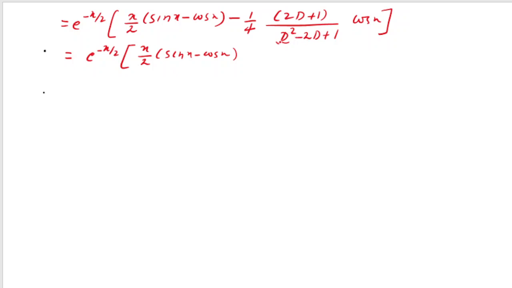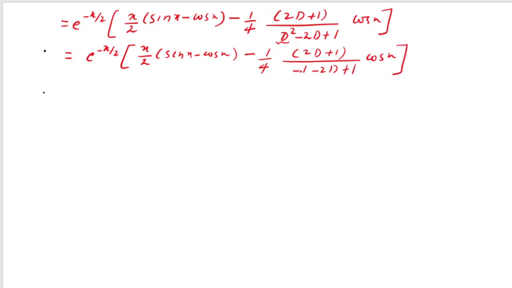So this will be minus 1 and this will be plus 1. Okay, so minus 1 and plus 1 will cancel. Let me write, otherwise there may be a scope of confusion. So I write 2D plus 1, and here we will have for D square I will write minus 1 minus 2D plus 1, and we will operate it on cos x.